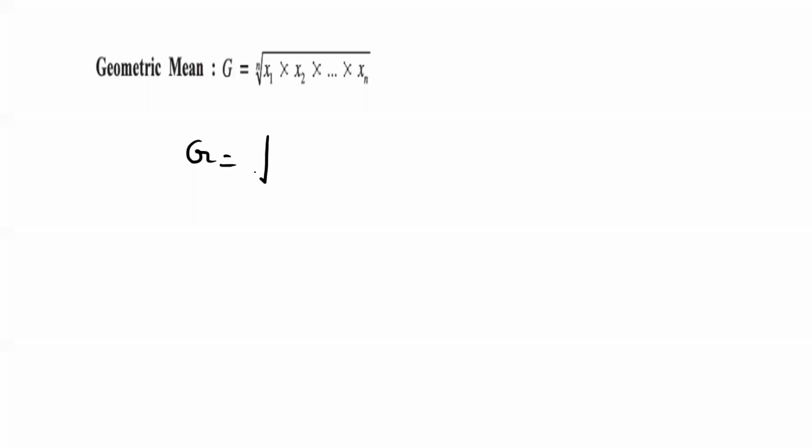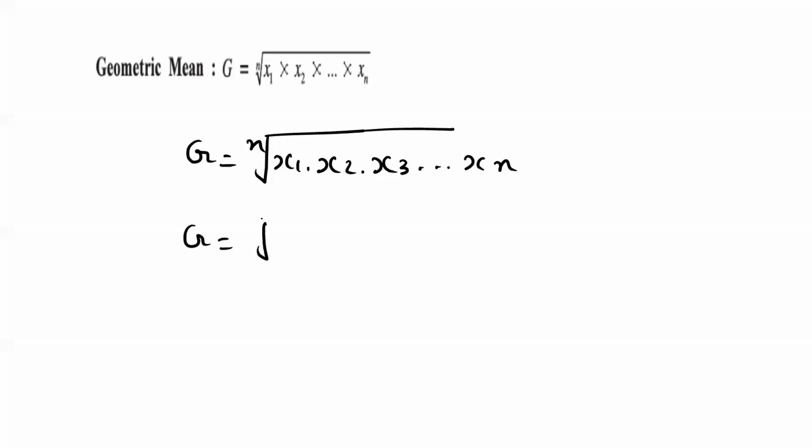G is equal to the nth root of x1 into x2 into x3 up to xn. Now just remember, if only 2 numbers are there, suppose I am writing x1 and x2, I have to find the root of this number. I have to find the root how many times?